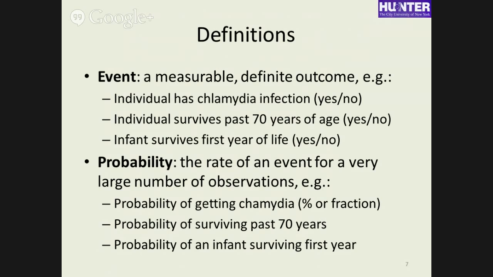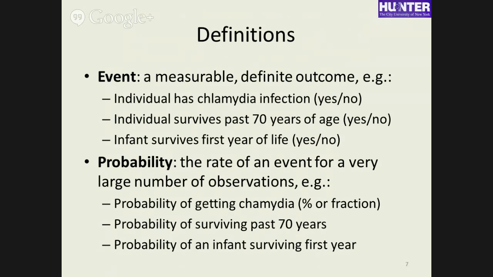So this is something where, say, an individual has a chlamydia infection, yes or no. At that point, you know what the answer is. Individual survives past 70 years of age, yes or no. At least if they are older than 70. Or an infant survives the first year of life, yes or no. So these are individual events, something about one person and where there is a distinct outcome. In these cases, it is binary.